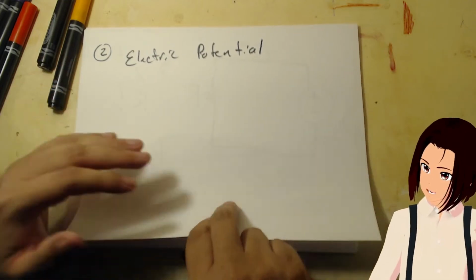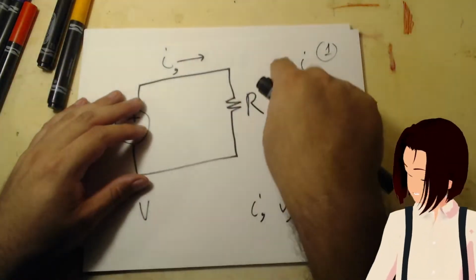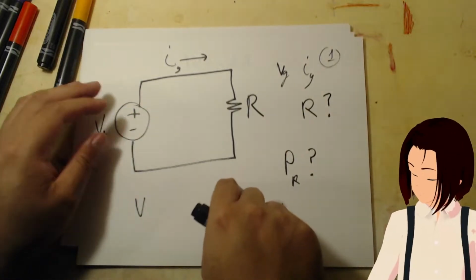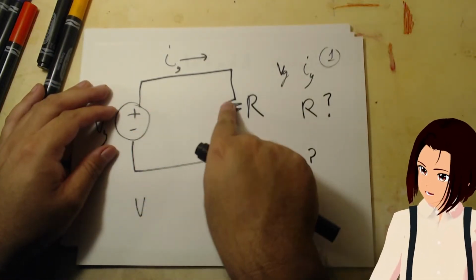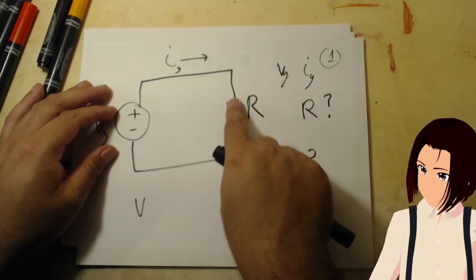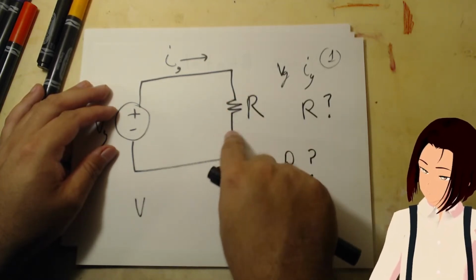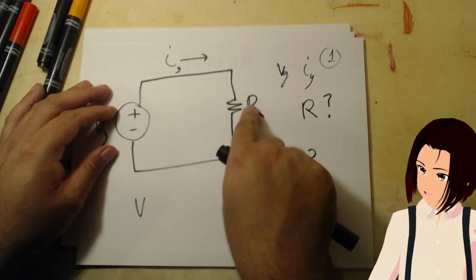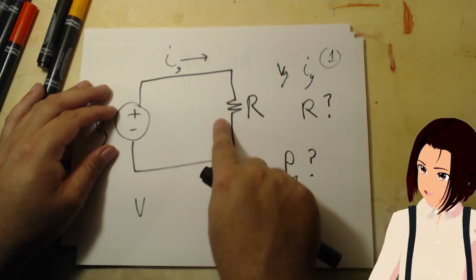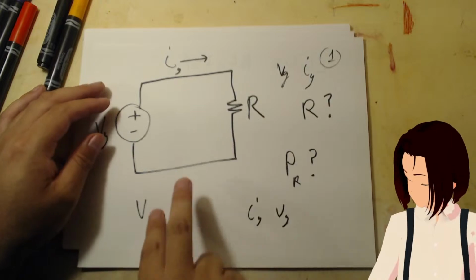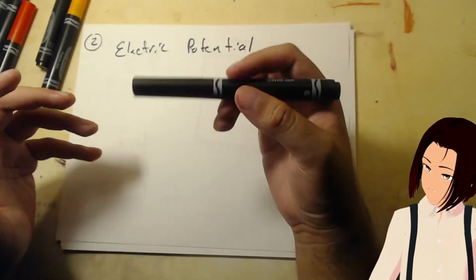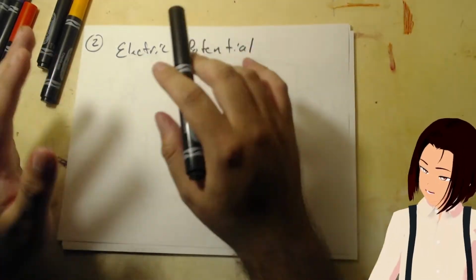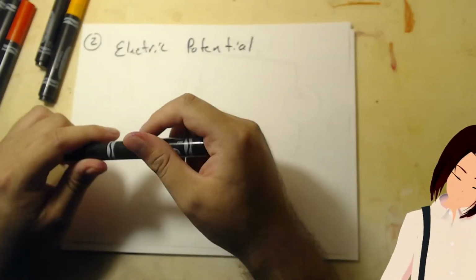Because in this circuit, if we ignore this gibberish, essentially this is a power source, and we're powering what we call a load. This could be an electronic device, like the computer that you're watching this on. We want to know how and why that works. We're starting with the essentials.